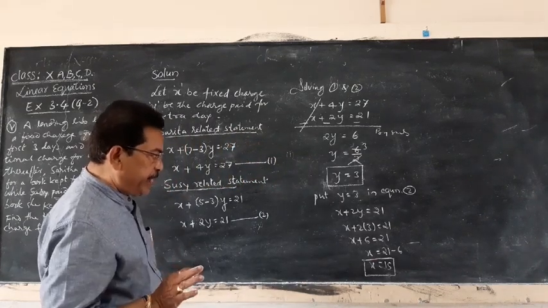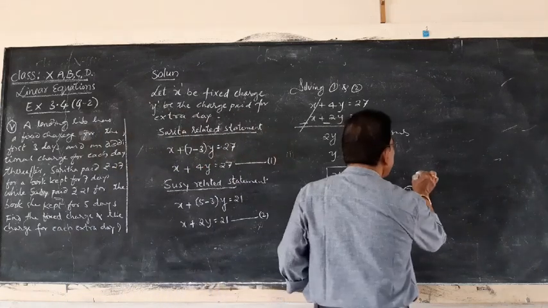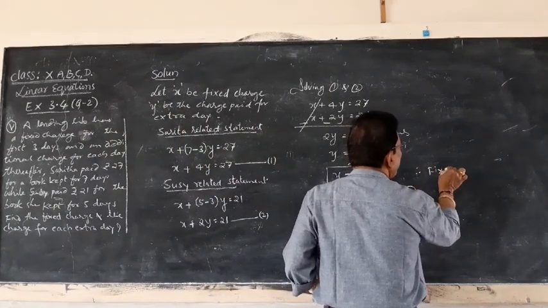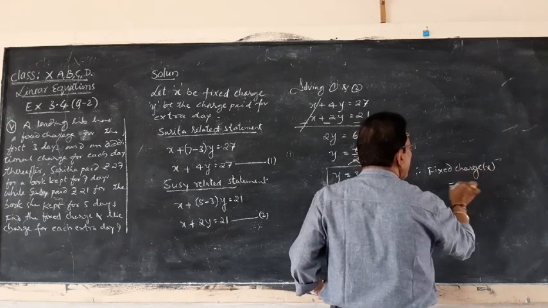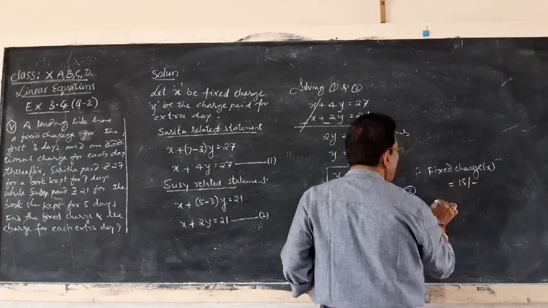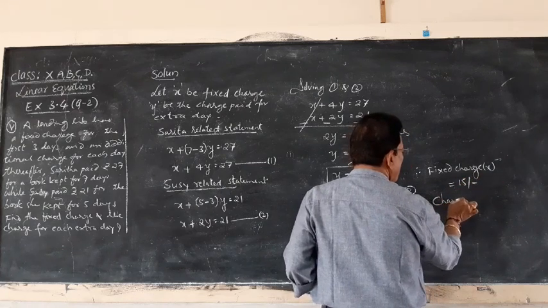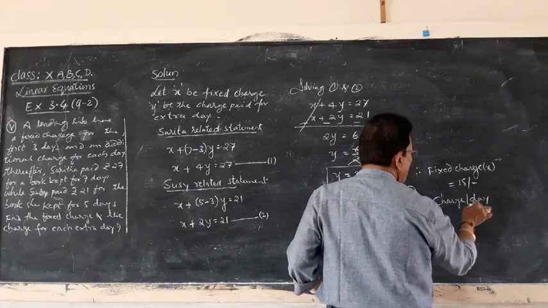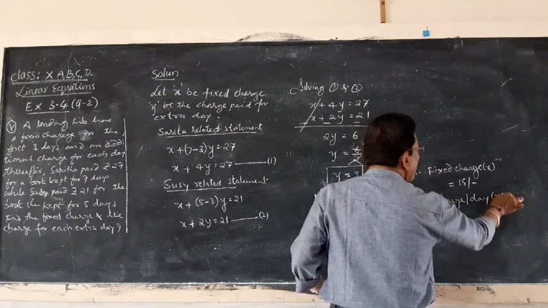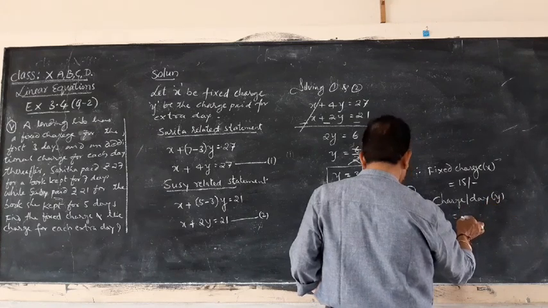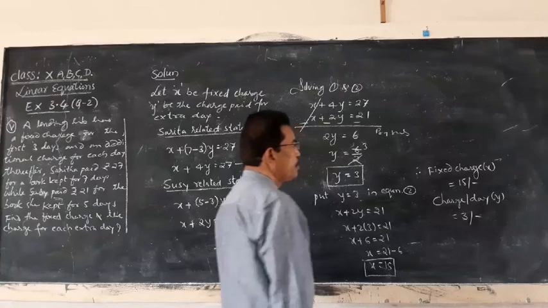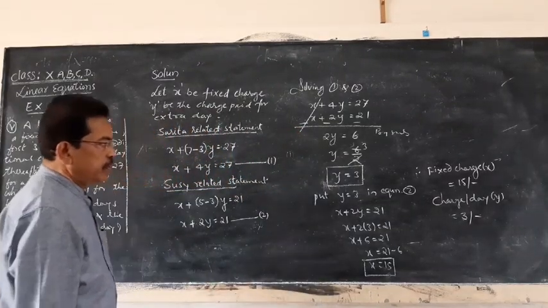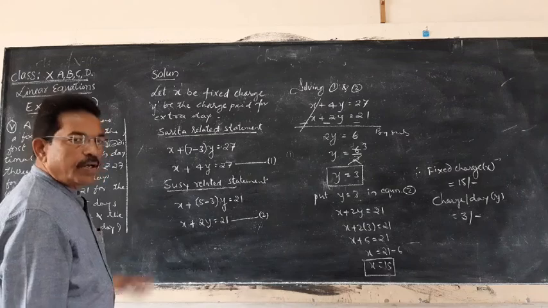Fixed charge is 15 and therefore 3 is the extra charge. Write down.